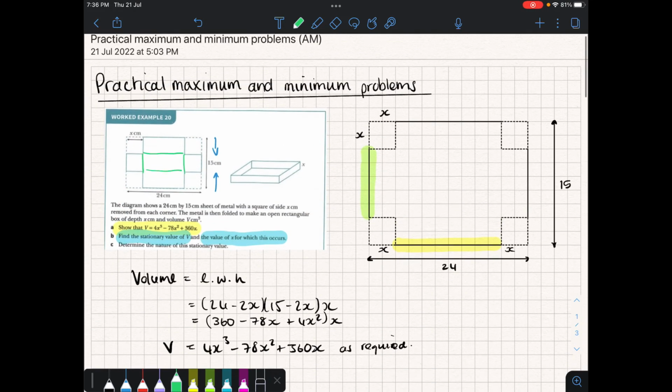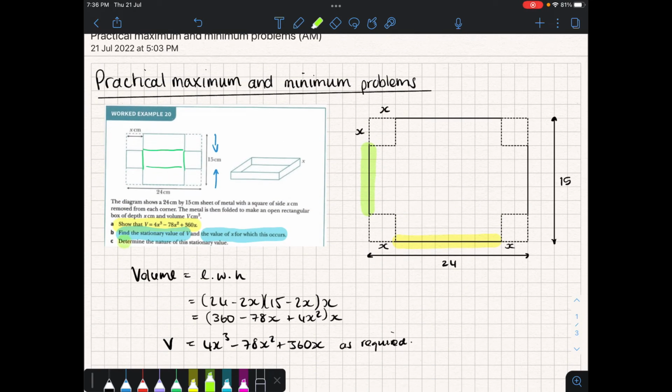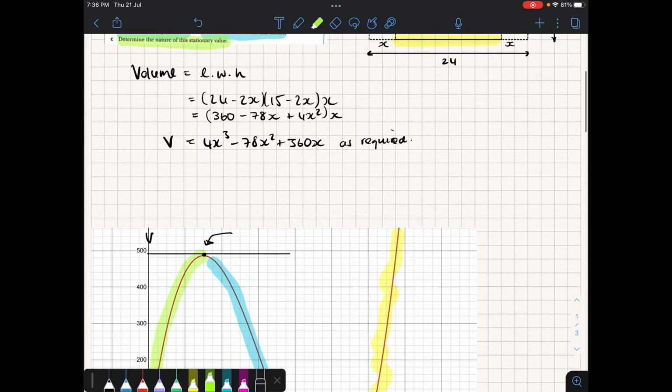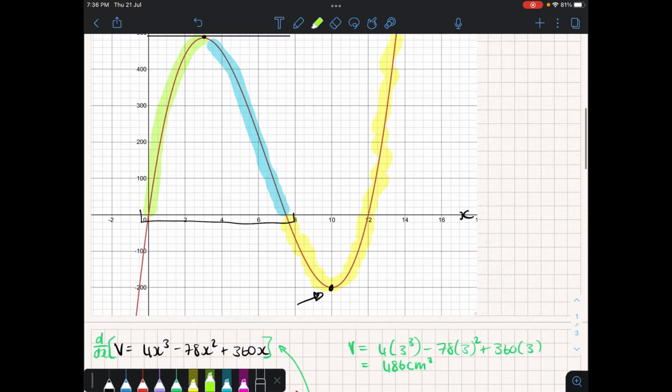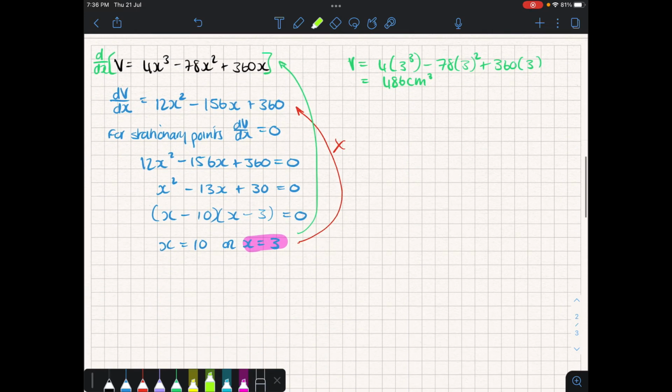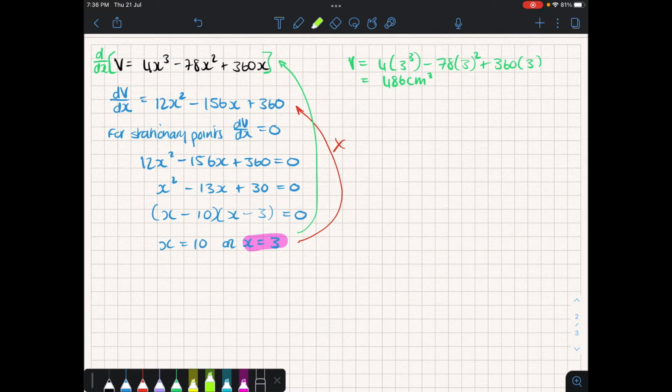Now, the final part of the question asked us to determine the nature of the stationary point. Okay, we've got the stationary point, but is it the maximum, all right? Now, we know from the graph already that it is, but we won't always be presented with a graph, and we might not have graphing software, so we want to prove it algebraically. So to prove that a point is a maximum, we can either use a point before it and a point after, or alternatively, we can just consider what is the second derivative.